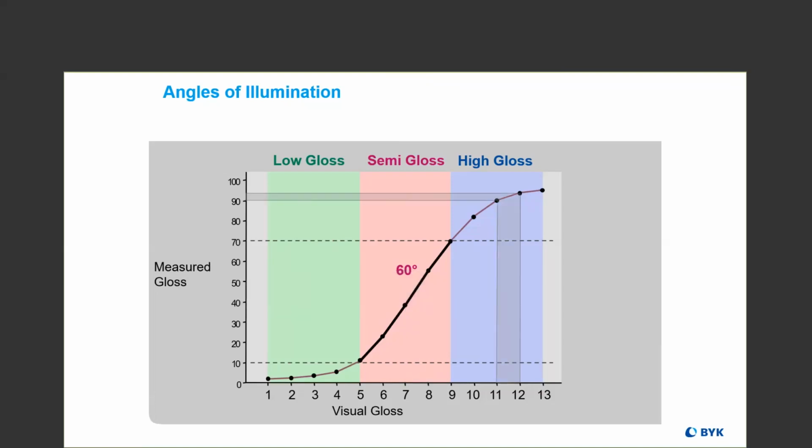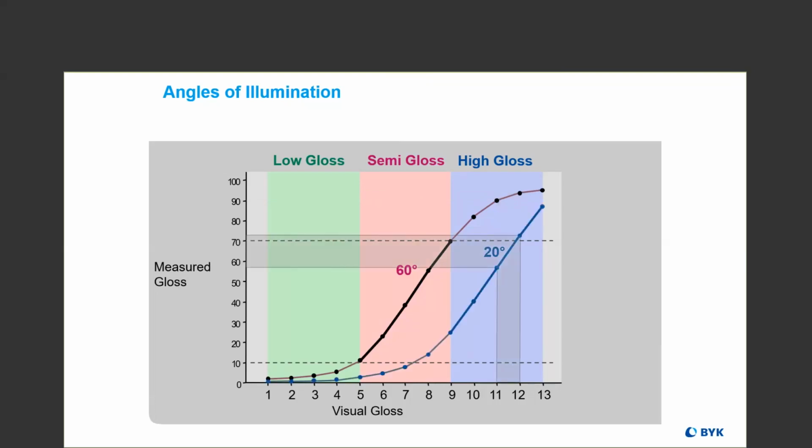But now I want to measure the difference between the 11 and the 12 panel. Even though the visual difference between the 11 and the 12 is the same as that between the 7 and the 8, now I'm only measuring a difference of maybe 3 or 4 gloss units. So even though visually it's the same difference, my 60-degree meter is going to measure it as a much smaller difference. So the high gloss range is not optimal for the 60-degree meter.